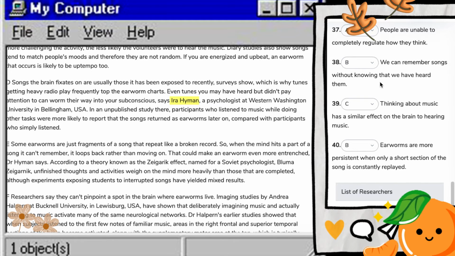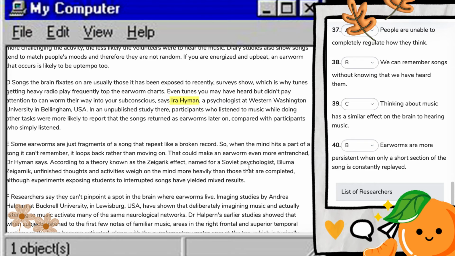Next, let's see what he said. He said that when the mind hits part of the song, it can remember it, look back rather than moving on. That could make an earworm even more entrenched. So when the brain doesn't remember the whole song, it looks back to what it remembered.